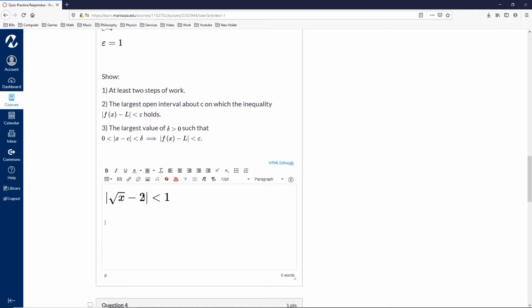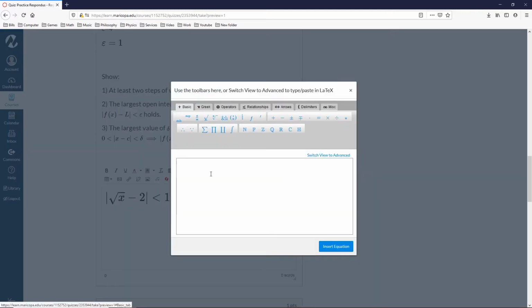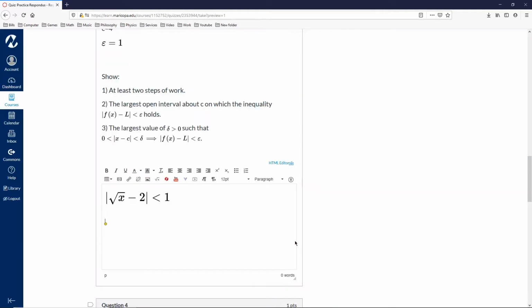And the next line that would probably be shown here when you're doing this by hand is to break this into double inequalities, or one double inequality. And so there we go.